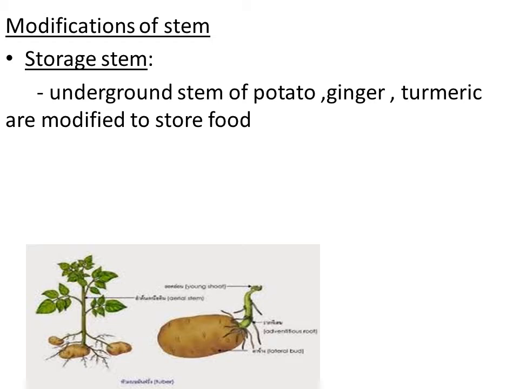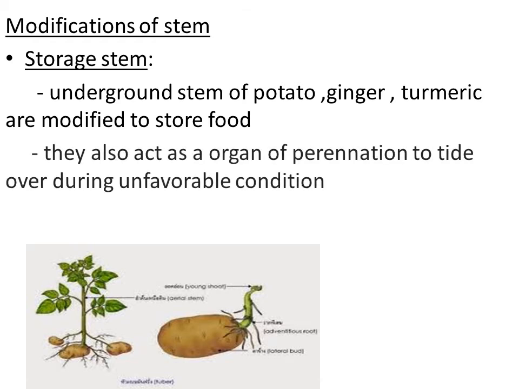Node is the region from where leaf formation and bud formation take place. Clear? So if we keep the potato for a longer period of time, small buds form from the nodal region. Those are the future plants. If we plant the potato, a number of plants will arise from the nodal region, right?